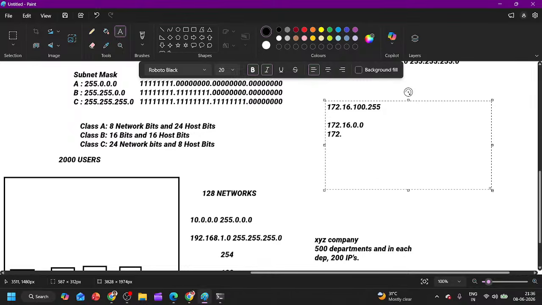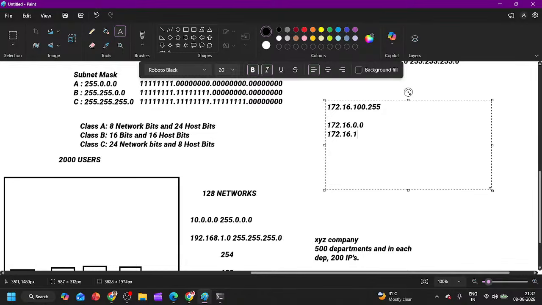What can be the first network? It is 172.16.0.0. And the second network? Not 17. It is going to be 172.17 or 172.16.1.